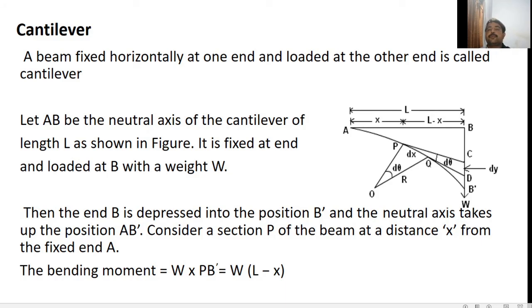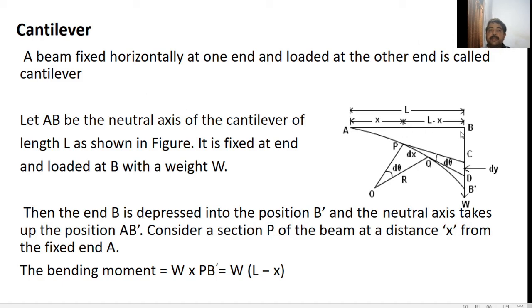Next, we'll move on to the cantilever. A cantilever is a beam fixed horizontally at one end and loaded at the other free end. Here, we consider the case when the weight of the beam itself produces no bending.